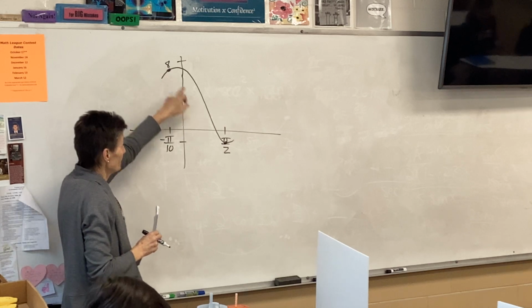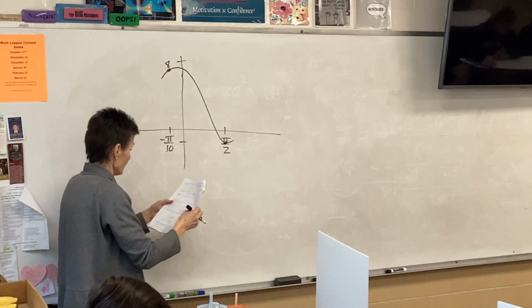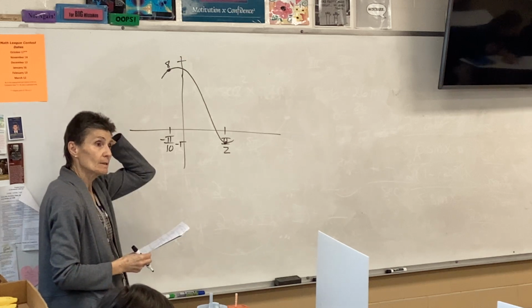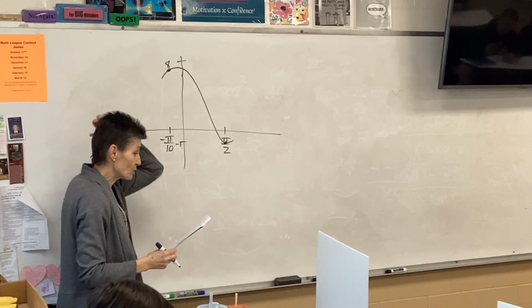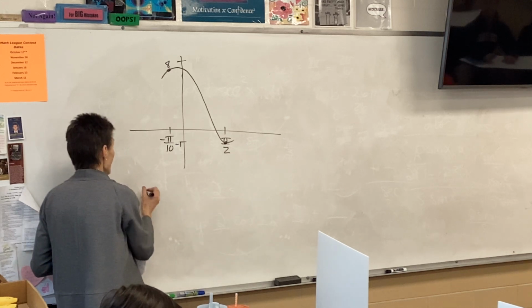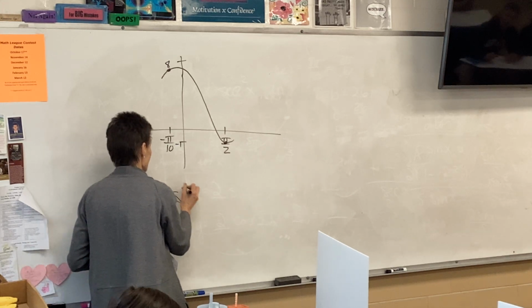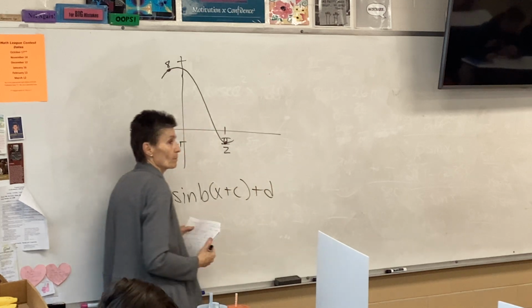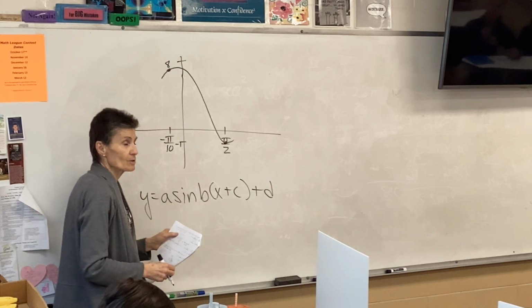That's the top of the hill, that's the bottom of the valley. For number 6, it's a sine, and we are finding just the actual constants, the actual numbers. Okay? So here we go.